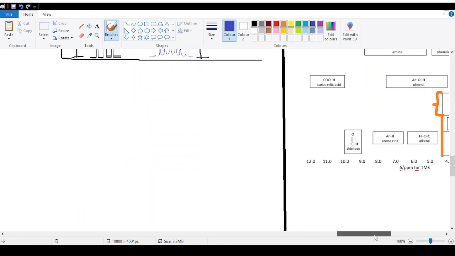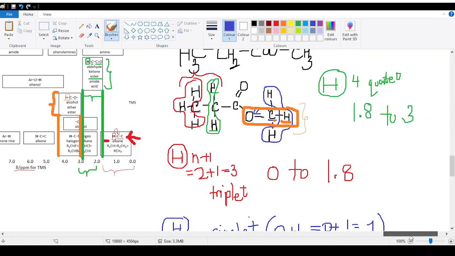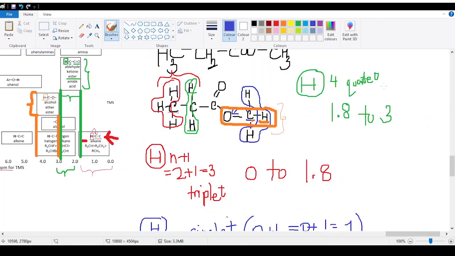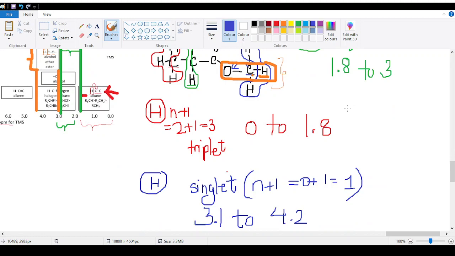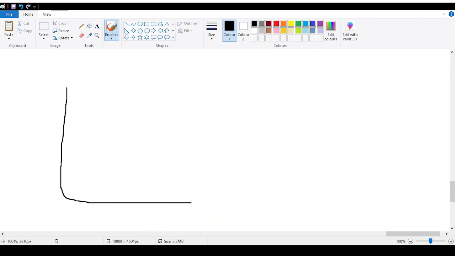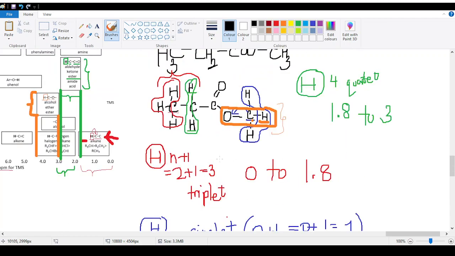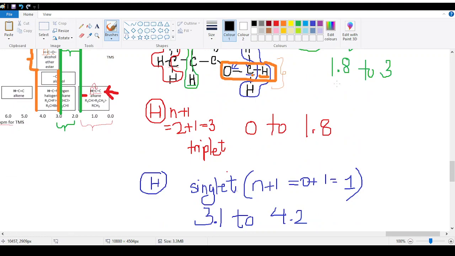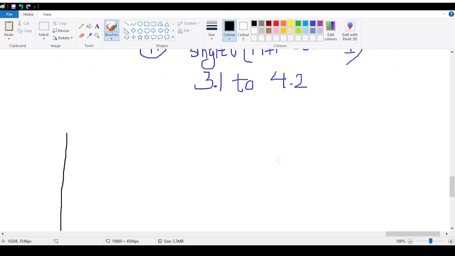Okay, so now what do these values actually mean? Obviously we chose these values for each of these types of peaks. That means when you make a graph, what will we get? We'll get singlet, triplet, and quartet. From 0 to 1.8, what are we getting? A triplet pattern.